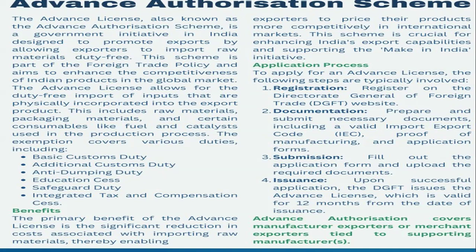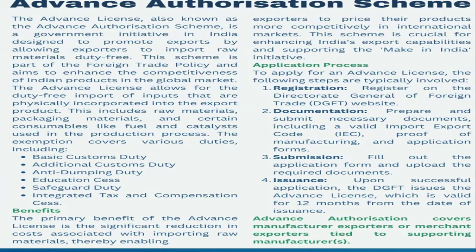Basic custom duty, BCD, additional custom duty, ACD, anti-dumping duty, ADD, education cess, EC, safeguard duty, SD, and integrated tax compensation. Okay, so these will be free in case of import using advanced authorization.